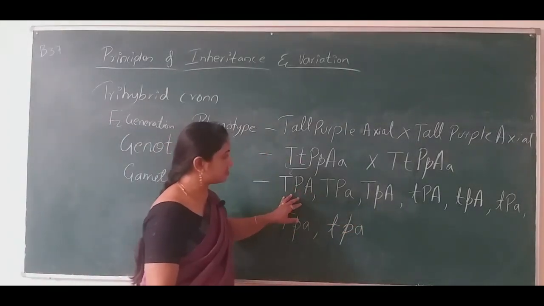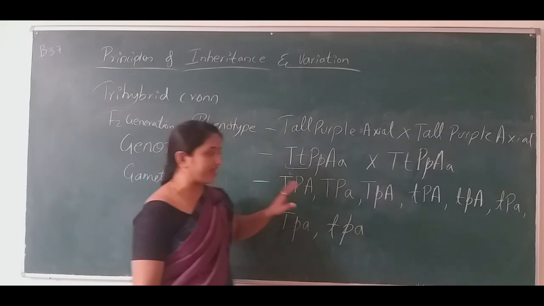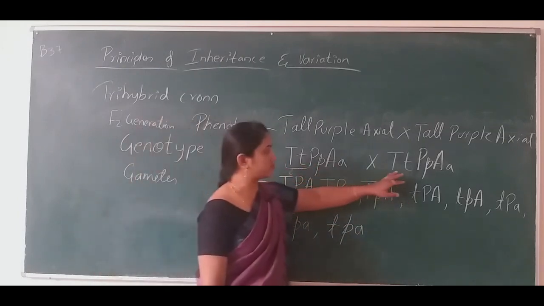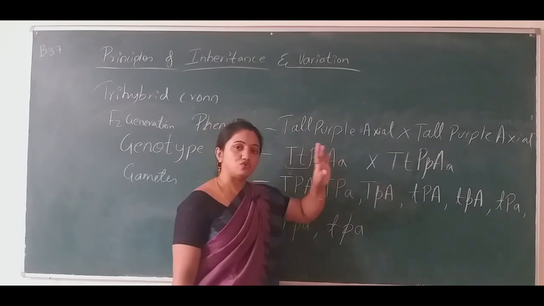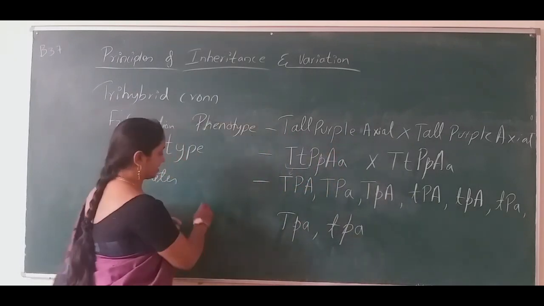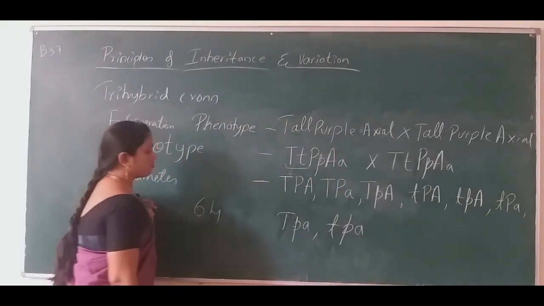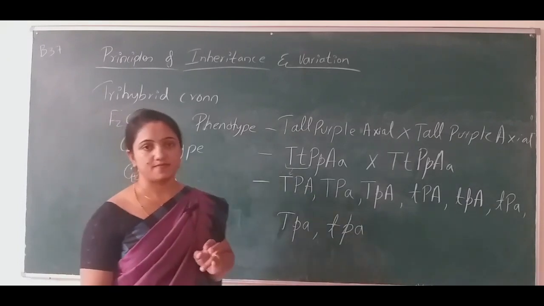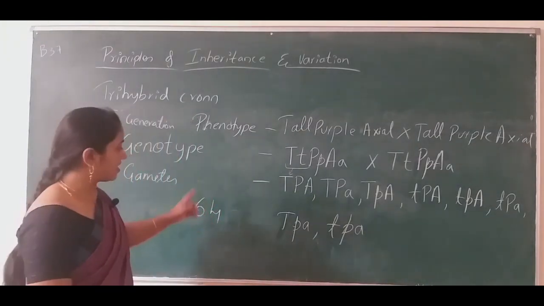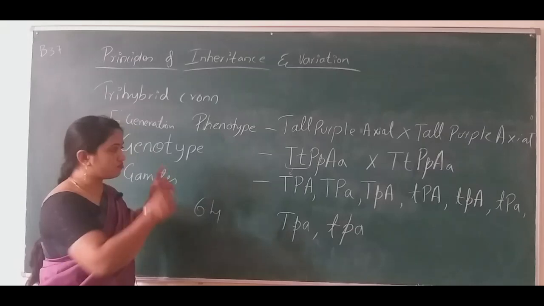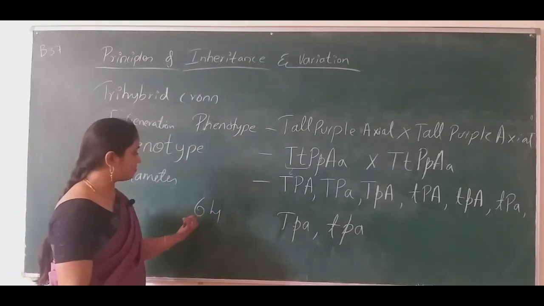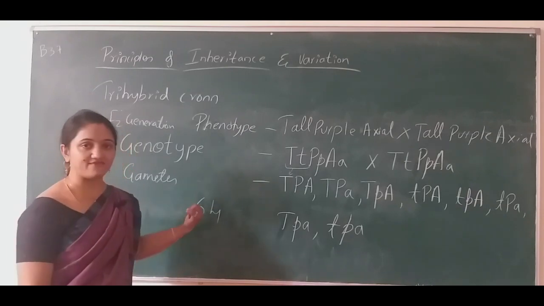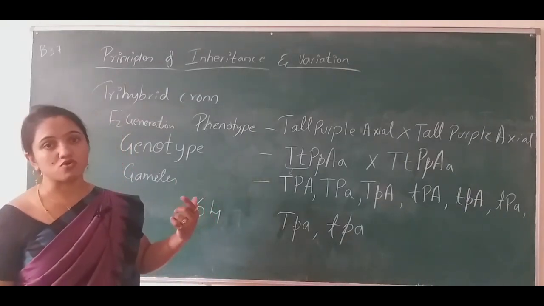One parent is producing 8 types of gametes, and the other is also producing 8 types of gametes. When we cross those gametes, we will get 64 types of offspring. So the Punnett square will have 64 boxes.